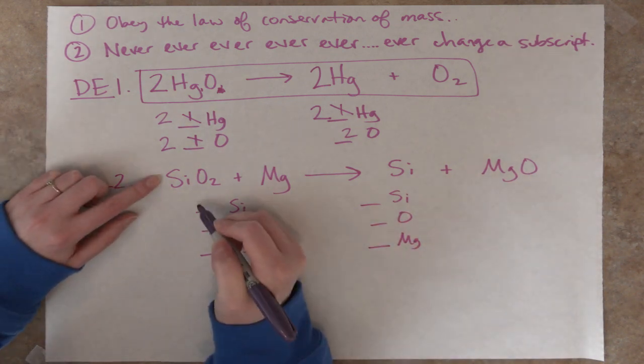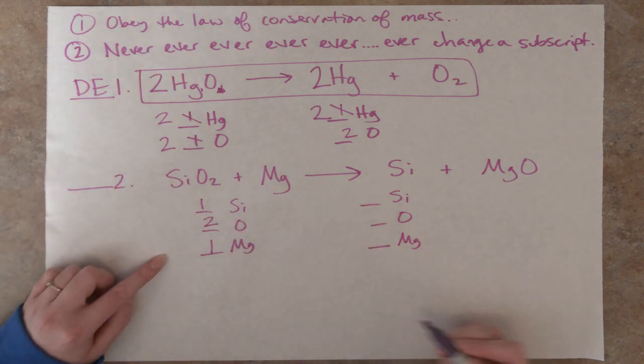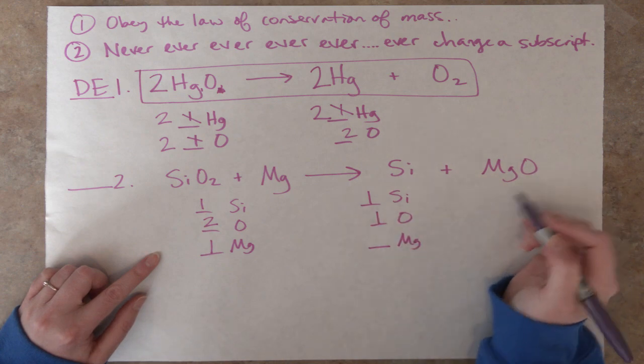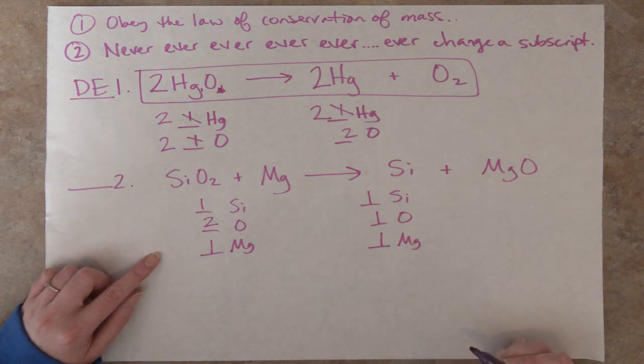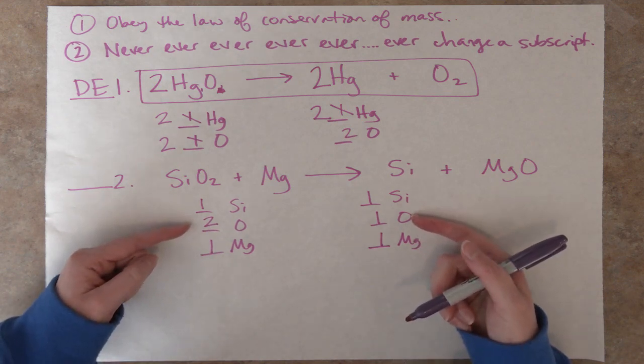So over here I see 1 silicon, 2 oxygens, and 1 magnesium. On the other side I have 1 silicon, 1 oxygen, 1 magnesium. So it looks like my problem is going to be with my oxygens.